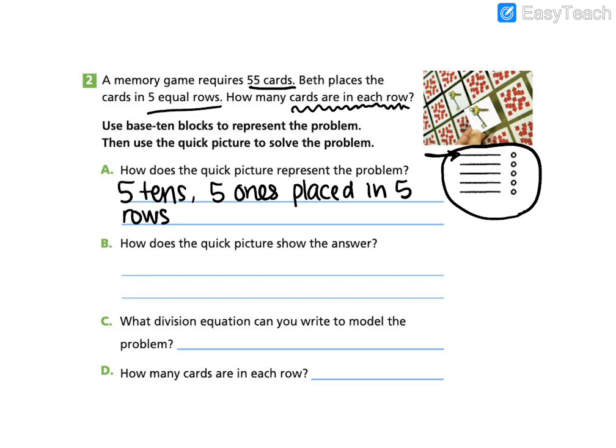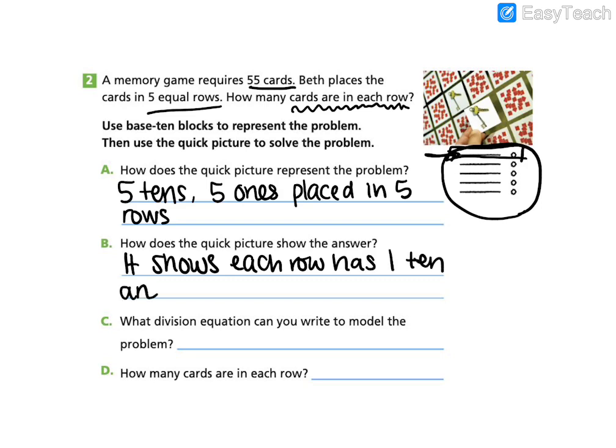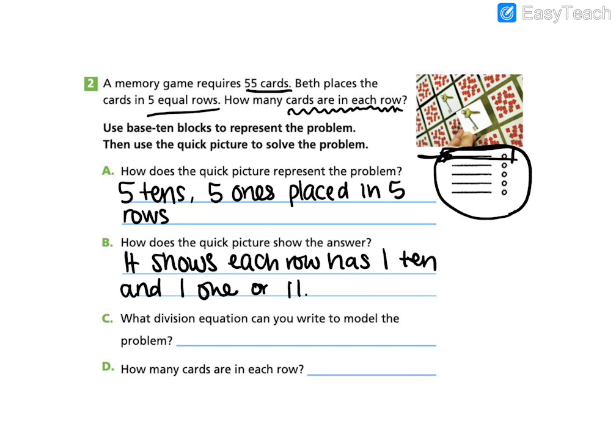It shows us that one row would have 1 ten and 1 one. So you could say it shows each row has 1 ten and 1 one. Or how many cards would that be? 11.